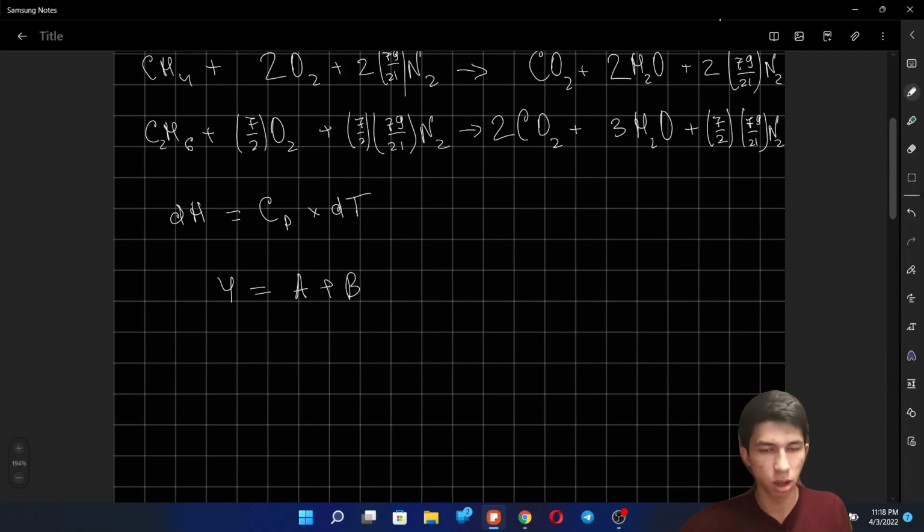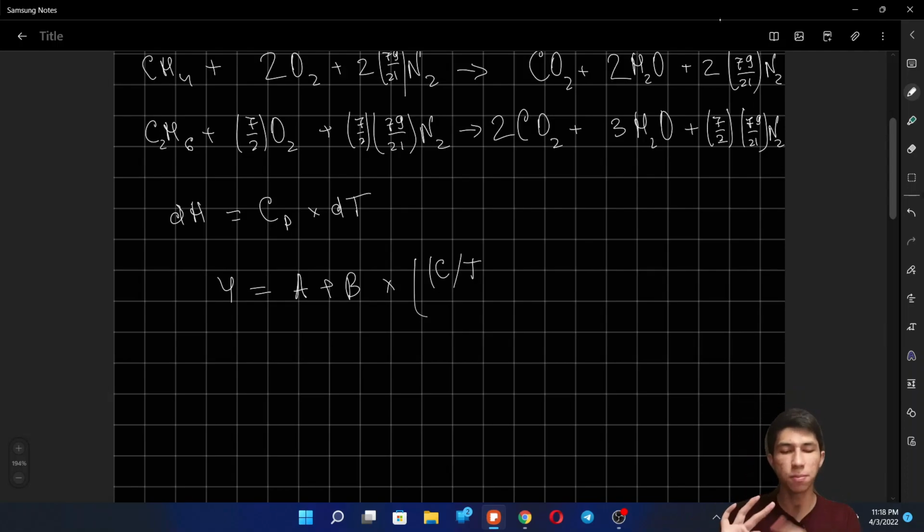b times (c over t) over hyperbolic sine (c over t) squared, plus d times (e over t) over hyperbolic cosine (e over t) squared. So we have a, b, c, d, and e as our coefficients, and we're going to get those numbers from our CHE tools.